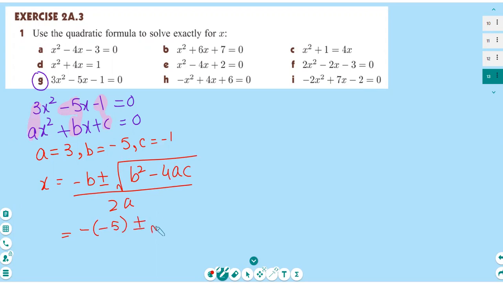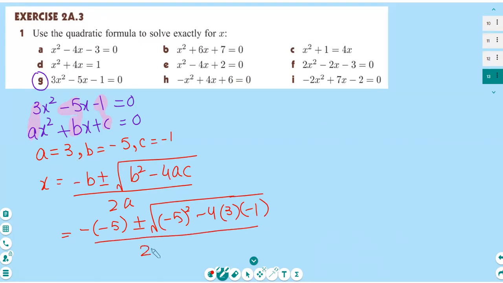Then plus minus square root of negative 5 whole square, because b is negative 5, and negative 4 into a is 3 and c is negative 1, right? Over 2 times a, 2 times a is 2 times 3.